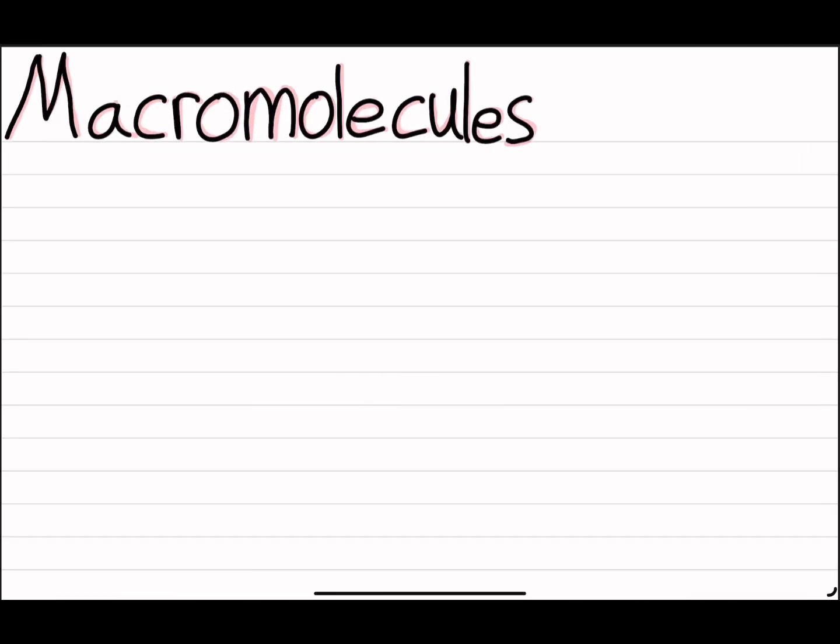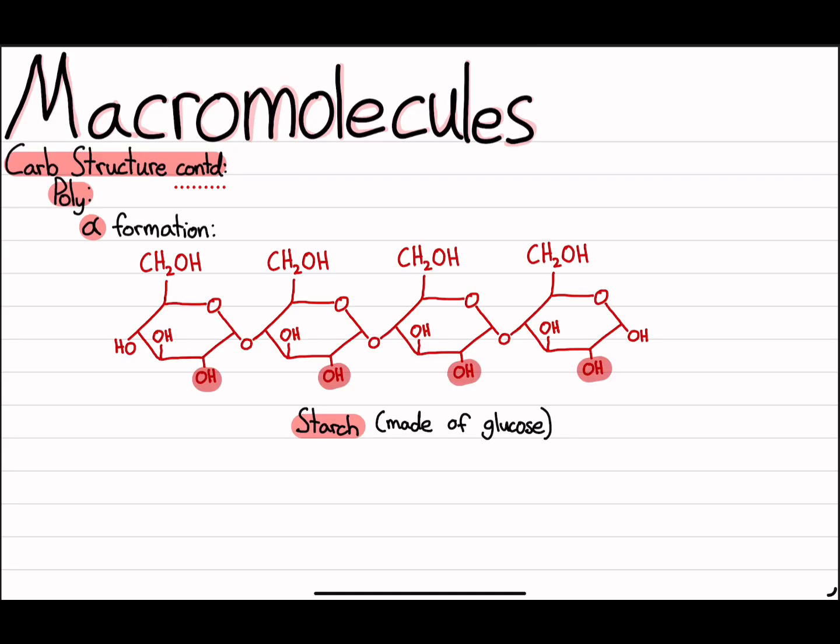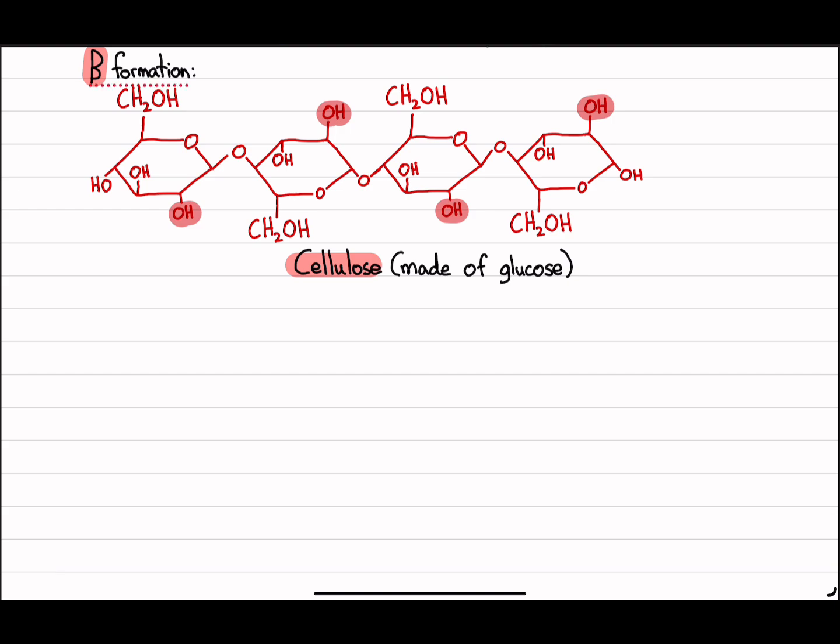Continuing on with the structure of carbs, we will now talk about polysaccharides. Polysaccharides vary in structure based on the placement of their hydroxyl groups. There is alpha formation, represented by A, where the hydroxyl group is continuous in one direction throughout the polysaccharide, and the beta formation, represented by B, where the hydroxyl group goes back and forth between its orientation on the polysaccharide.